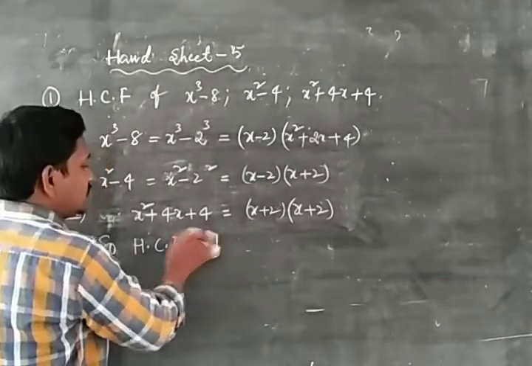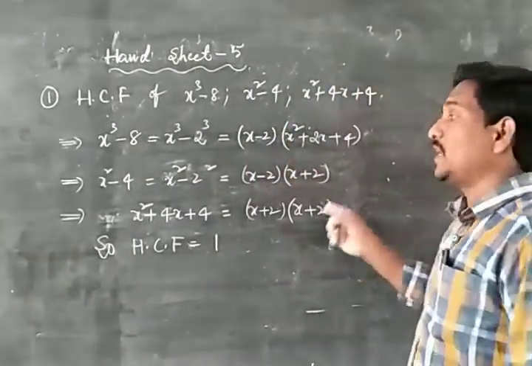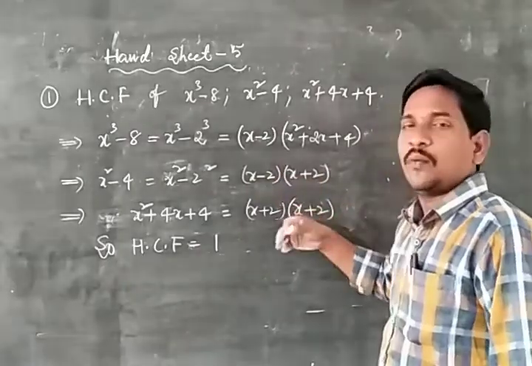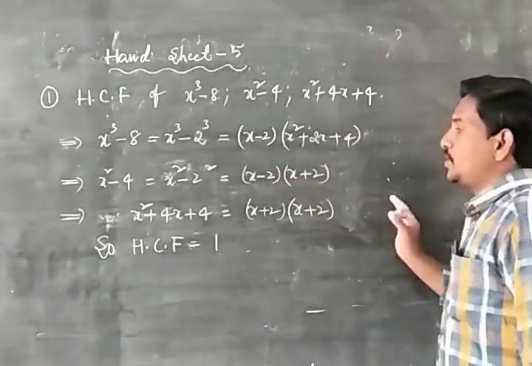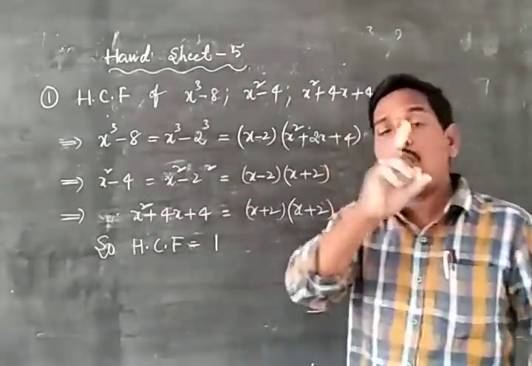Why? Because there is no common part, no common term or common expression. So if there is no common part, the HCF of the given expressions is 1.